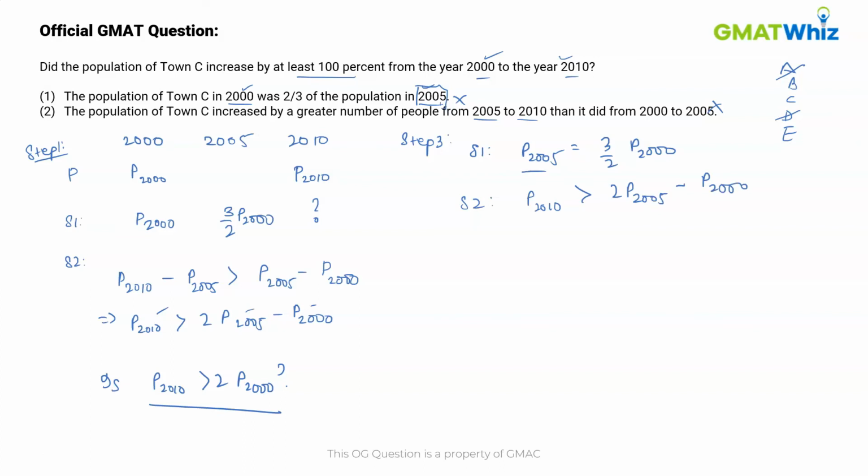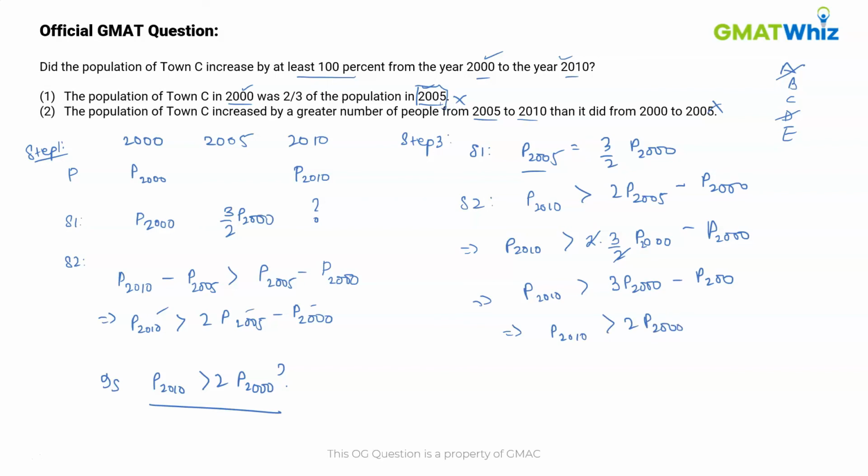Using the value of P of 2005, we can substitute it in the inequality from statement 2. We get P of 2010 is greater than 2 times 3/2 P 2000 minus P 2000. So the 2 gets cancelled here and we are left with P of 2010 is greater than 3 times P of 2000 minus P of 2000, which leads us to P of 2010 is greater than 2 times P of 2000.